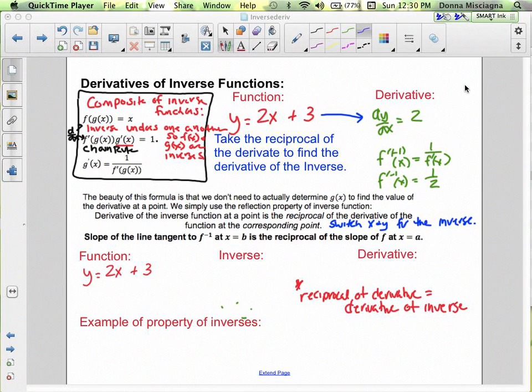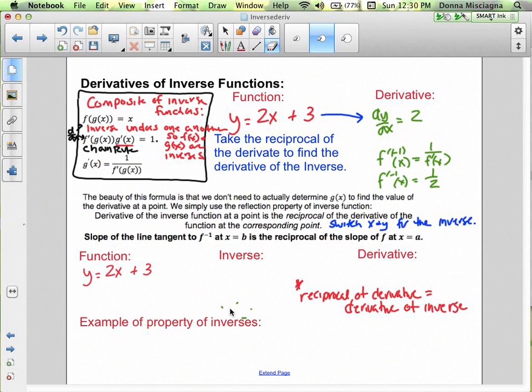All right, so we have y equals 2x plus 3. If we find the inverse of that, we have y equals 2x plus 3. To find an inverse of a function, you switch x and y and solve for y.